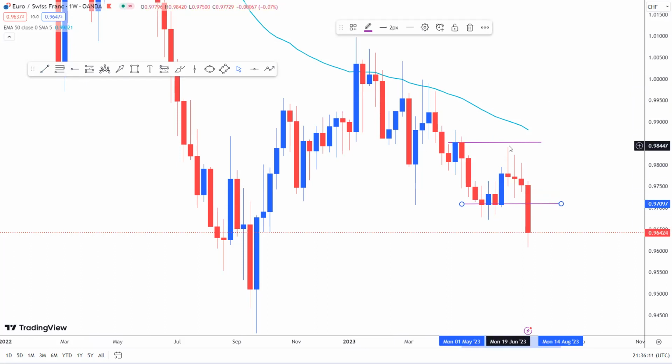And then, like I said, the very next thing I like to do after identifying the direction of the market is identify areas of interest, areas of potential trade opportunities. And that leads me to marking out levels with the most touches.